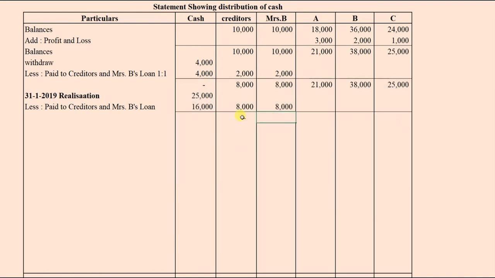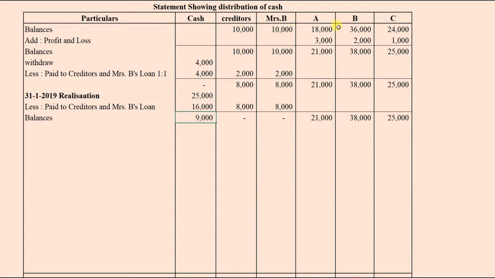So here is nil balance, 21,000, 38,000 and 25,000. Balances 9,000. We have 9,000 cash balance. So all the liabilities are paid.